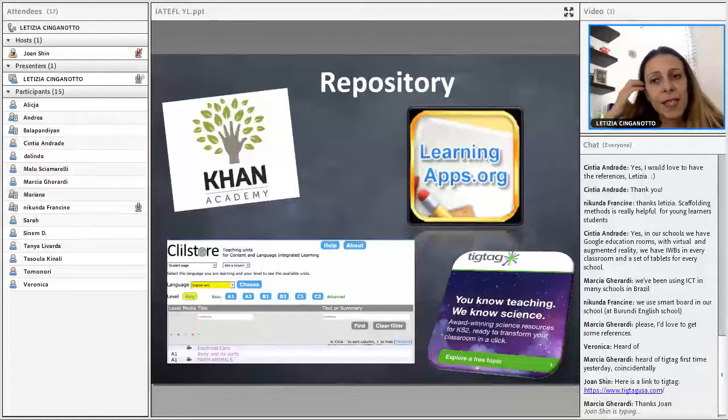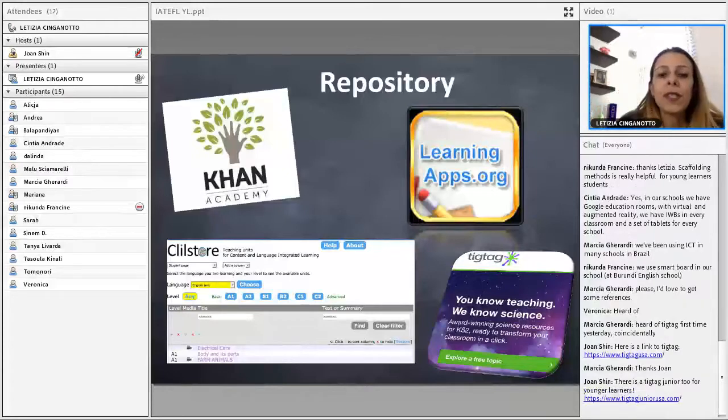You are a sort of syllabus designer, because you can design your own pathway, following the steps that you want, and then you can assign it to your students. These are just some of the repositories that you can find, but there are so many.